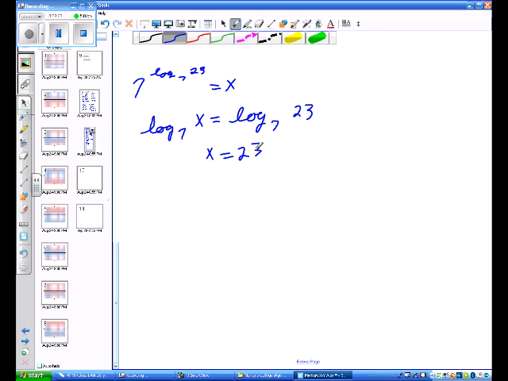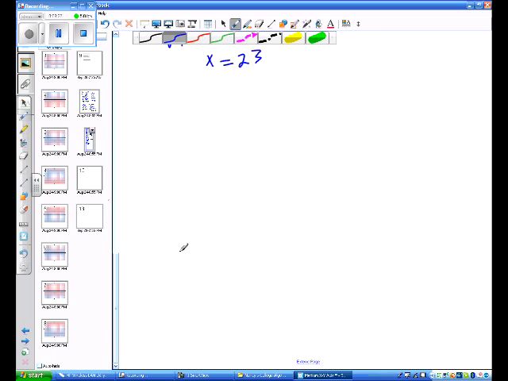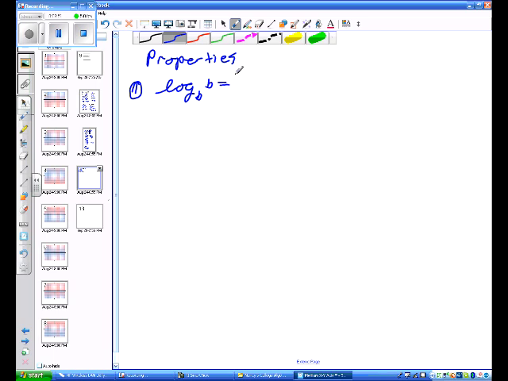Now, we have some basic properties for our logarithms that make working our problems a lot easier. And a lot of the problems that I just went through, we did this. So in looking at our properties, the first one that we're going to look at is that log base b of b equals 1.